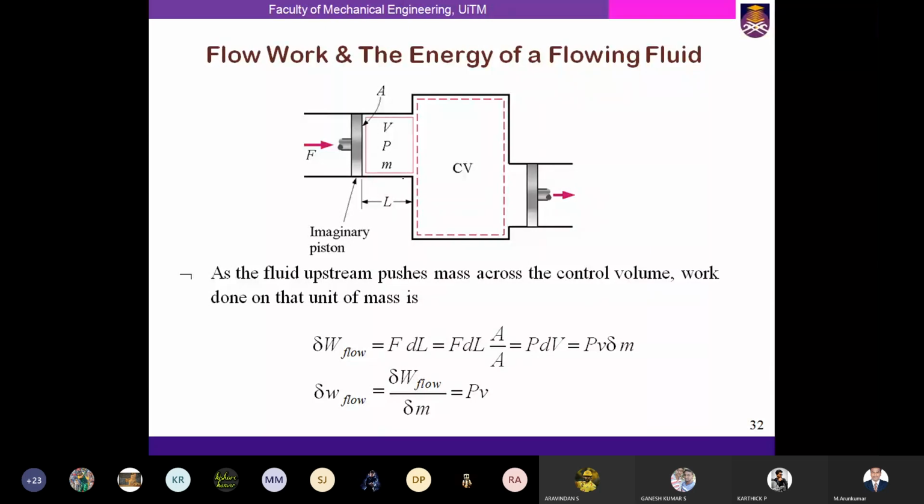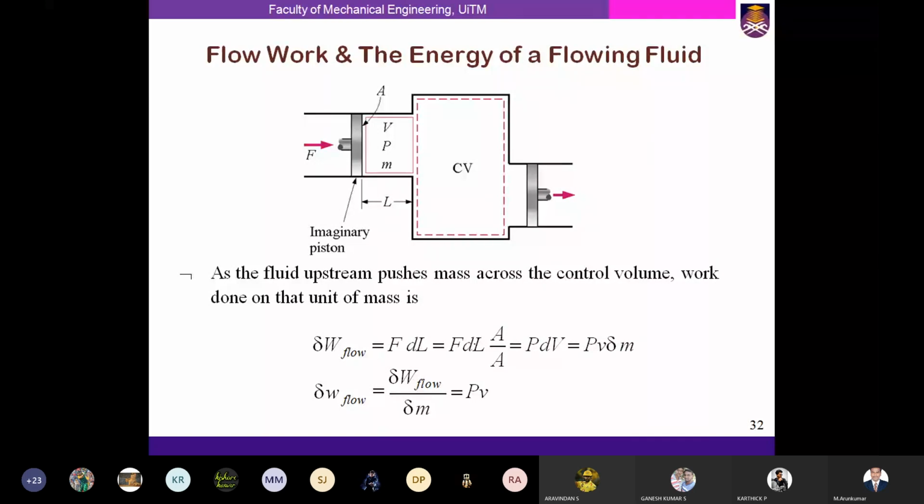In this control volume process, we can write the flow work equation as F into change in length. The cross-sectional area here is A, so if you multiply and divide by area, you can have the F dL equation.